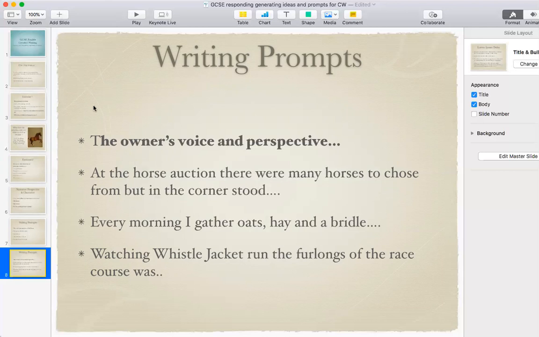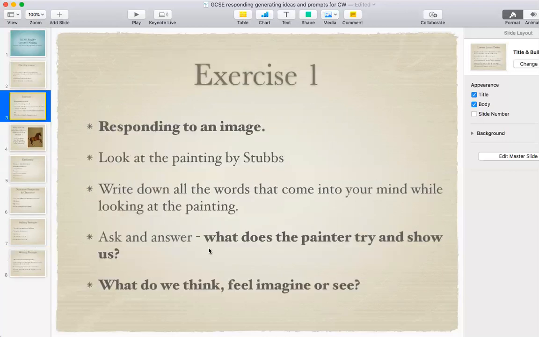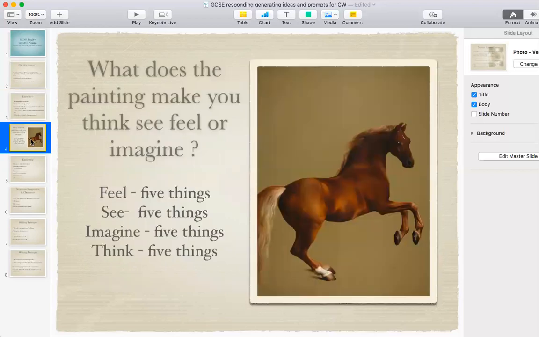Okay, so I want you to go through each aspect of this exercise. Start with the first question: what does the painter try and show us? Then move on to the 5 things that you feel, the 5 things that you see, the 5 things that you imagine, and the 5 things that you think.